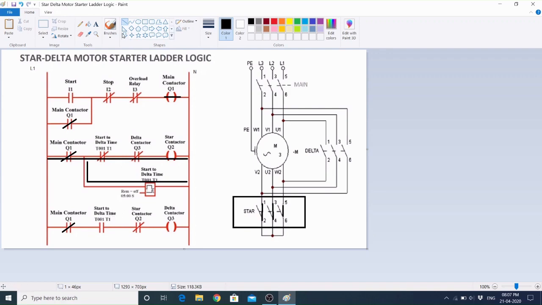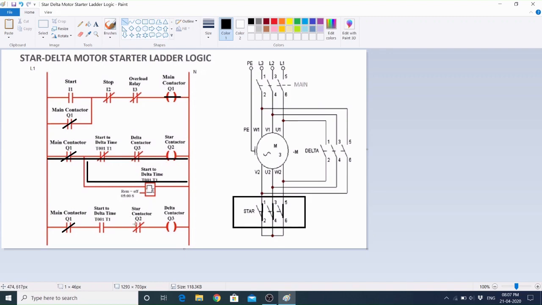But what will happen in that condition? The coil of the delta contactor will not be able to energize because there is an interlocking. The coil of this start contactor is energized, so its auxiliary contact is this one.